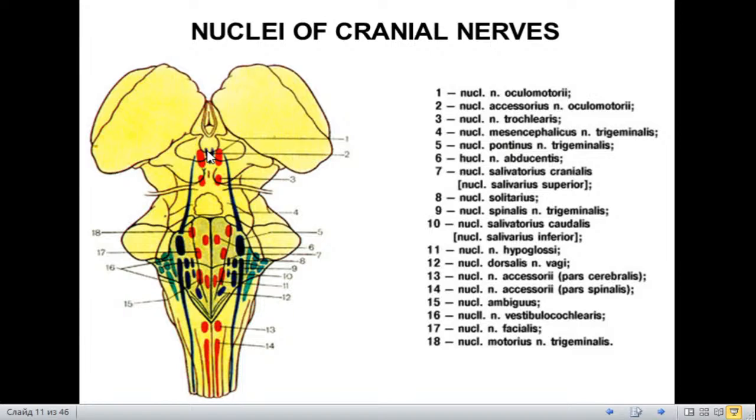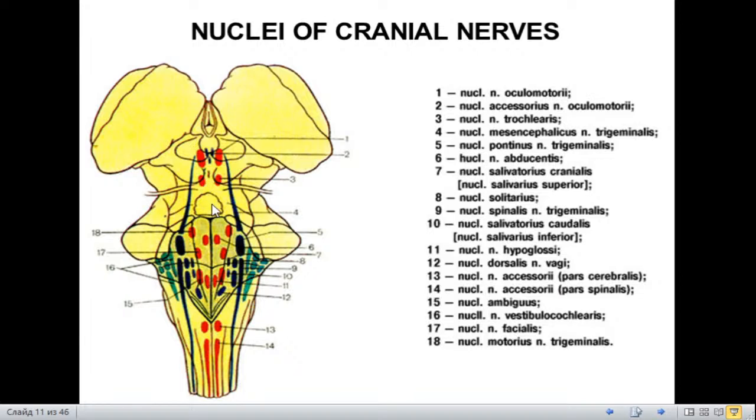You have to know these two eponyms. The first one, accepted in our country, is Yakubovich nucleus, and in Western Europe and America it is known as Edinger-Westphal nucleus. Then the fourth cranial nerve, trochlear, has one motor nucleus found in the tegmentum of the cerebral peduncle, but at the level of the inferior colliculus.